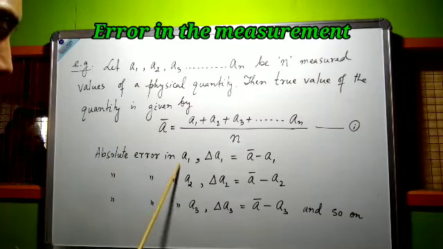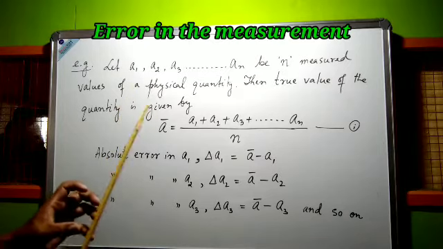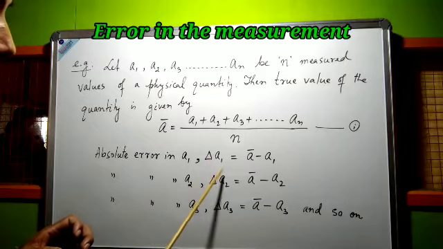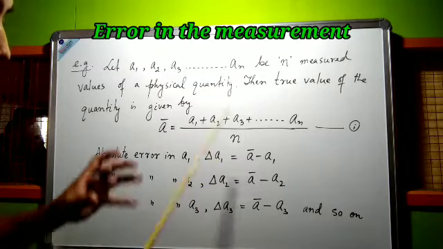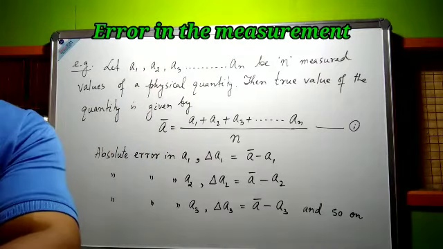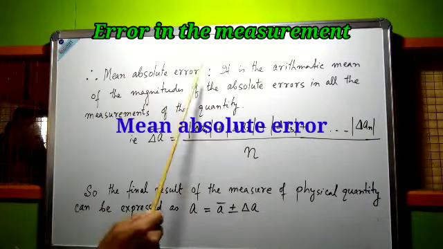Next we have to find out mean absolute error. The absolute errors in the physical quantity, delta a1, delta a2, delta a3 up to delta an, are averaged to get the mean value. Therefore mean absolute error may be defined like this.